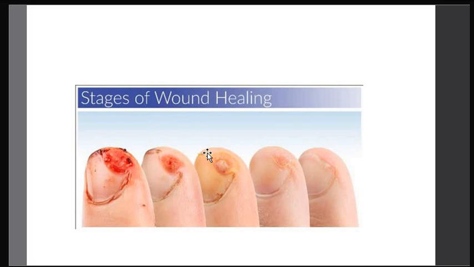This healthy tissue, granulation tissue, looks red and dark pink in appearance. Whenever we see granulation tissue in a patient's skin, it indicates that the wound is in a healthy healing process.